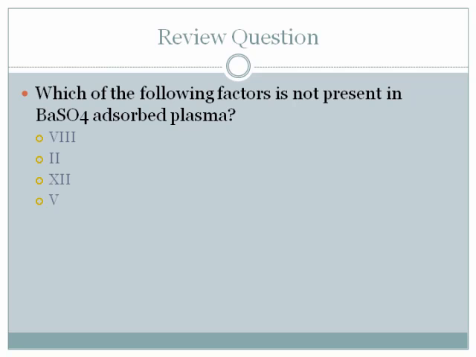Good. It's factor 2. Yep. So remember, adsorbed plasma is missing the prothrombin group, which are factors 2, 7, 9, and 10. So, yep, out of these choices, factor 2 would not be found there. Good.